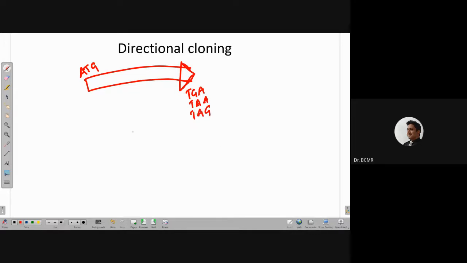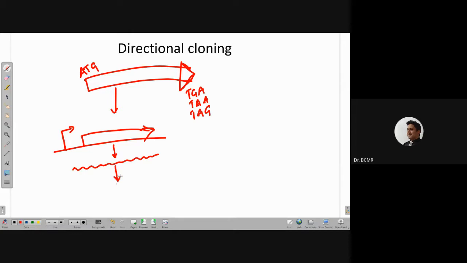So when we want expression from it, transcription would be in such a way that the promoter is always upstream of the 5' side of the open reading frame, right? Something like this. So using this promoter, the RNA polymerase will make the mRNA.